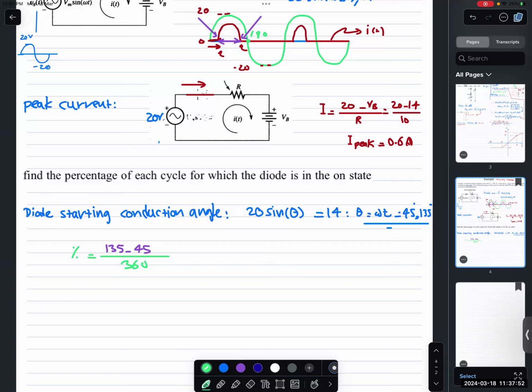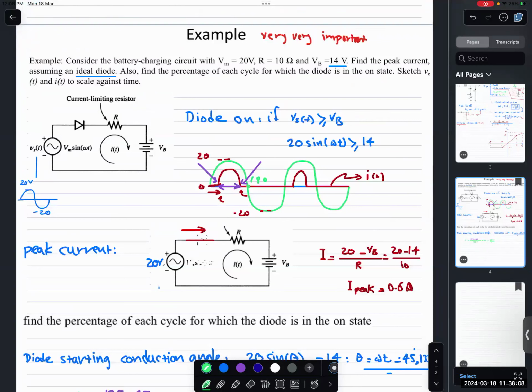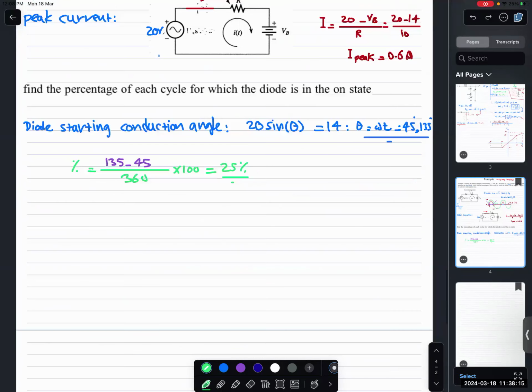Then times 100, and if you calculate it, it becomes 25%. So 25% of each cycle the diode is on. Then it says to sketch VS(t) versus I(t). Okay, this question is done.